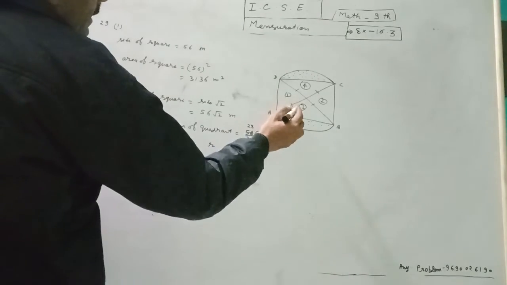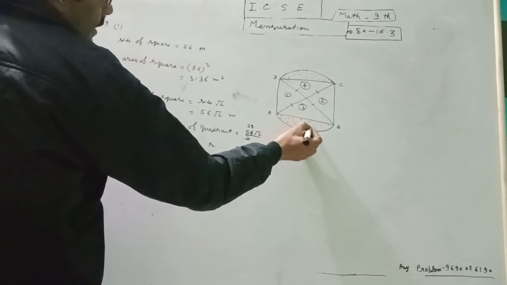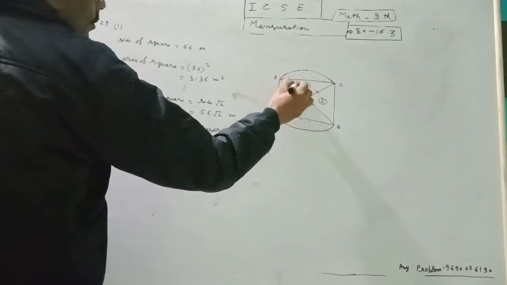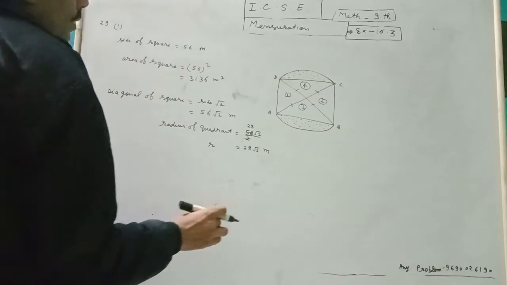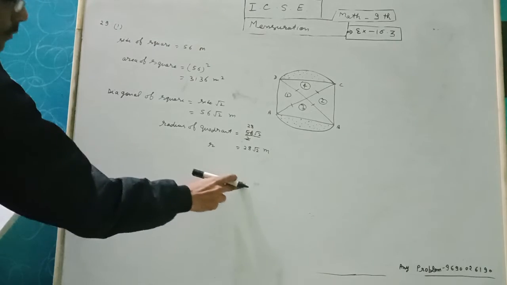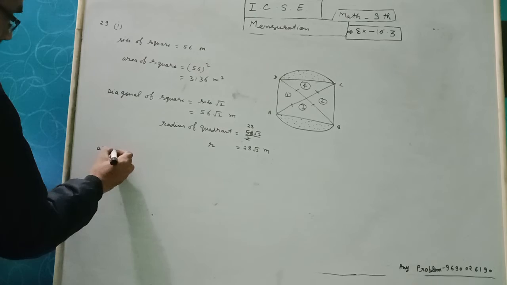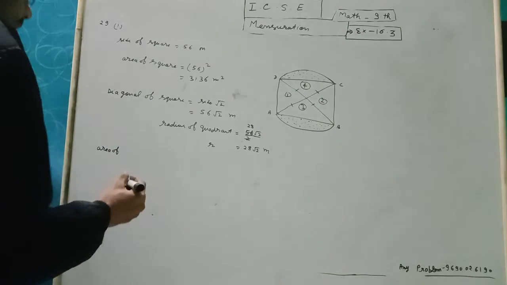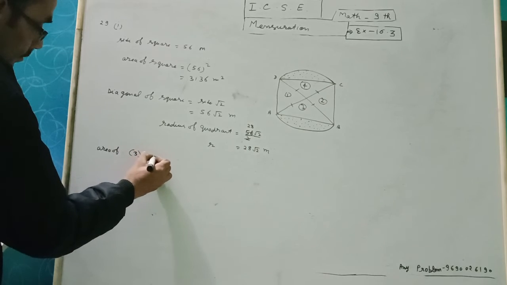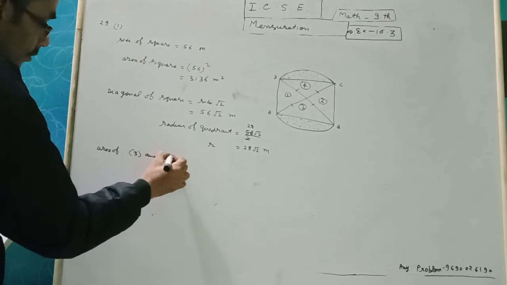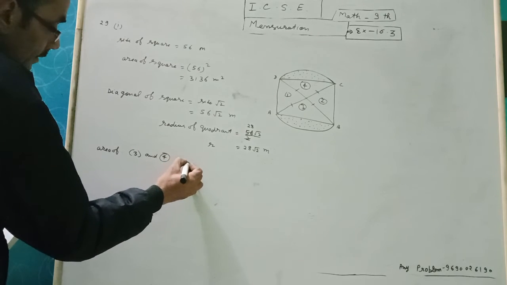You mean 3 or 4 with dotted. 3 or 4 part, 1 or 2 part is the area of 3 and 4. Both are quadrants with dotted.